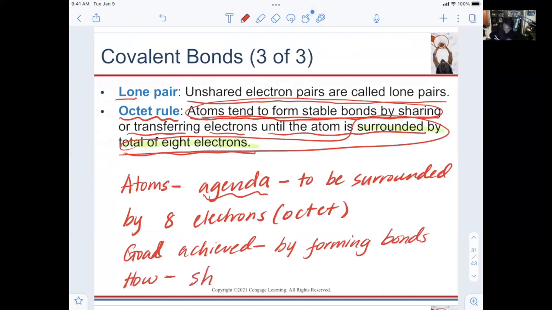They either share, lose, or gain electrons. Okay, so when you look at it in that suspicious kind of way, or you look at it as the elements are doing what they're doing because they're actually trying to get something out of this relationship, then you can see, oh, okay, now I see why they're doing what they're doing. Atoms have an agenda. They want to be surrounded by 8 electrons.